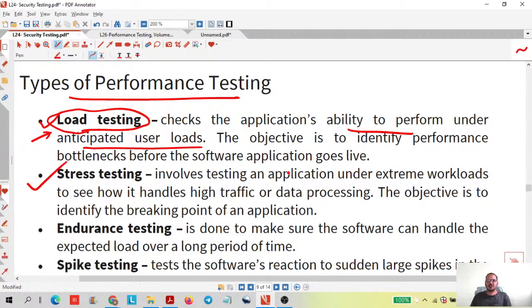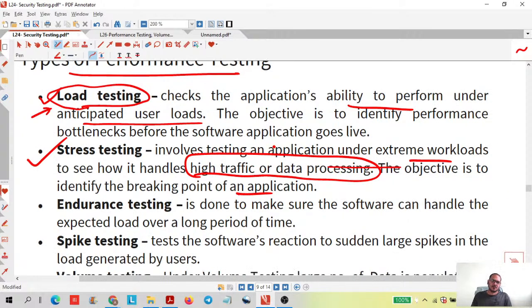Stress testing tests the application under extreme workloads to see how it handles high traffic and data processing. The objective is to identify the breaking point of the application. Sometimes it will show errors like 404, file not found, and all.